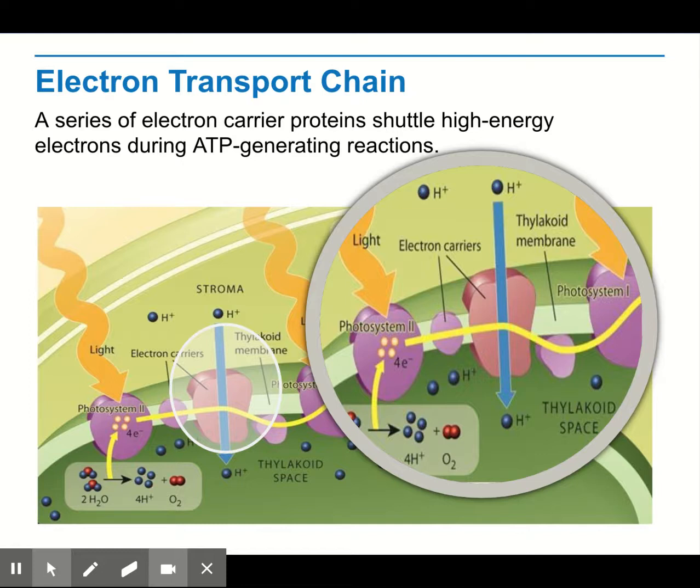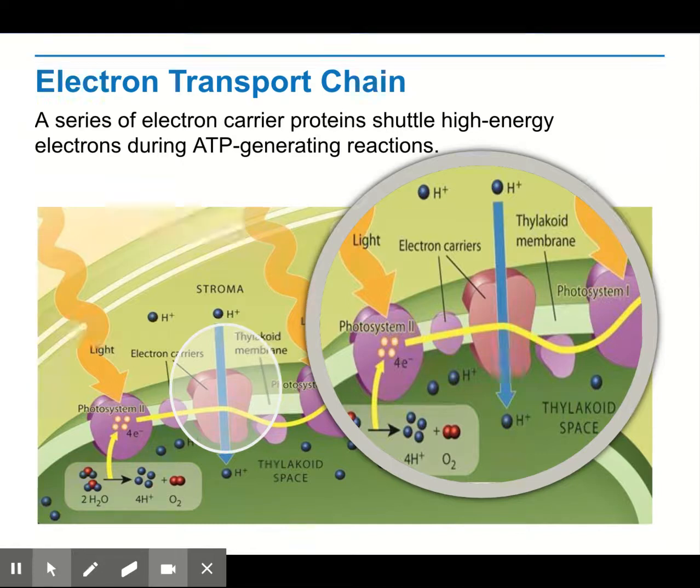Let's break it down. If you look at this image, we're zooming into this area here. The electrons that have lots of energy leave photosystem 2 and they go to these electron carriers. Some of these electron carriers are actually pumps. And so as these energized electrons go through them, they help pump hydrogen ions from the stroma into the thylakoid space.